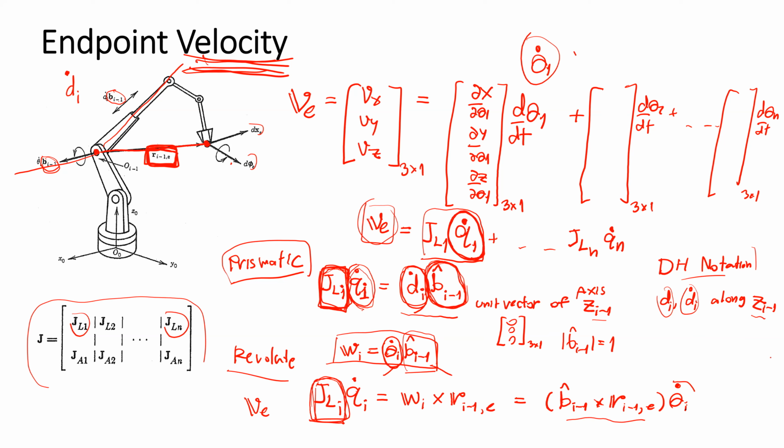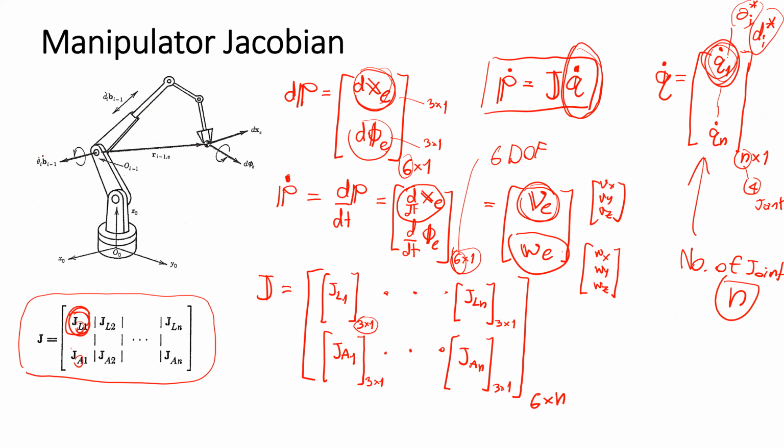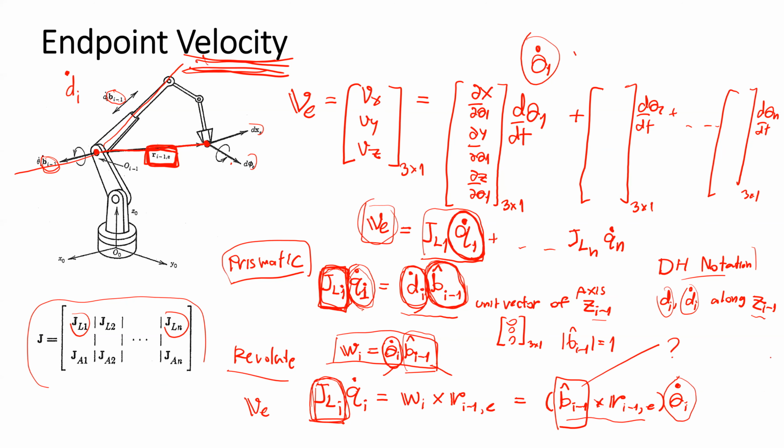But in this slide, what is still not clear is what the unit vector is. How can we compose the unit vector of the axis i minus 1?